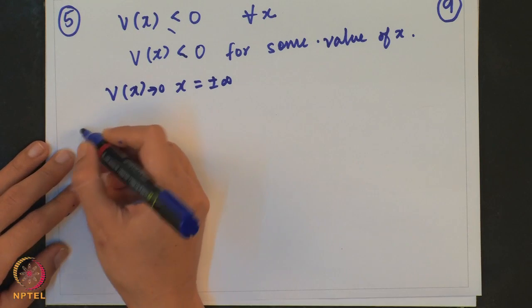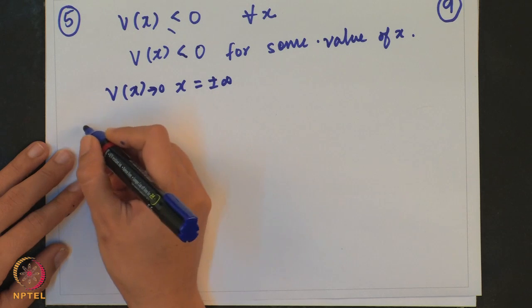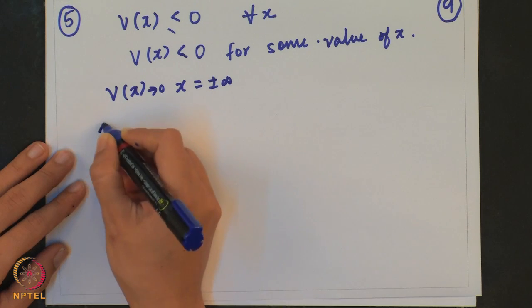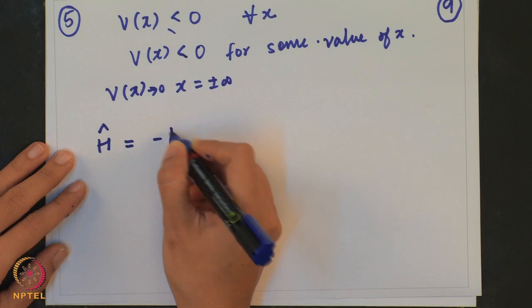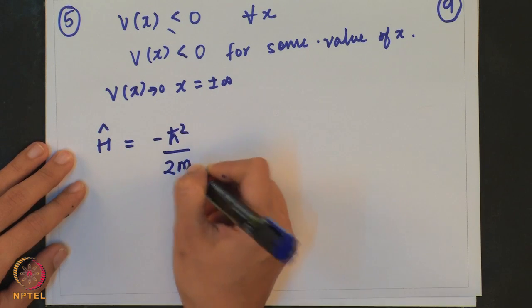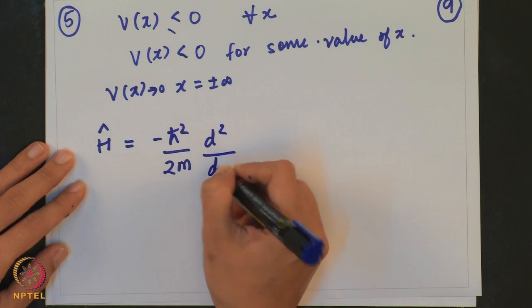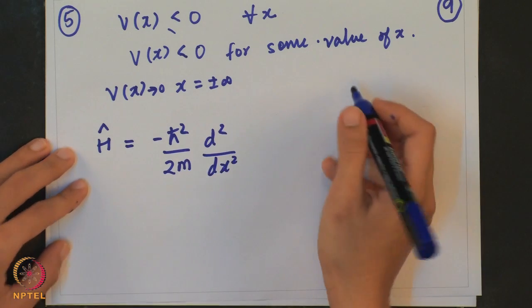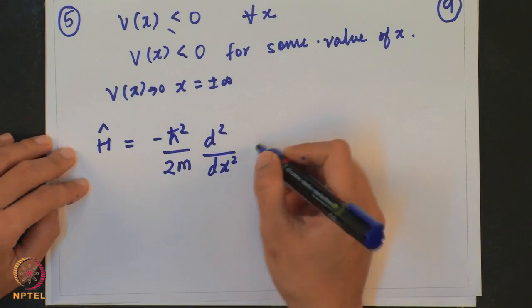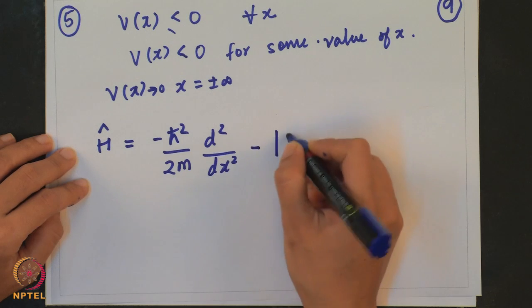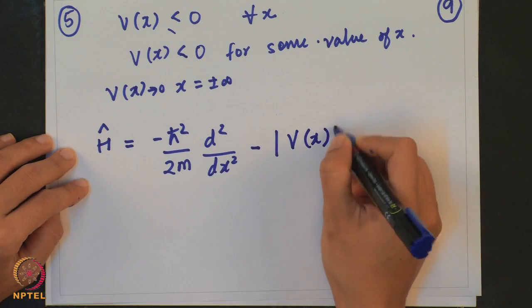So now let us write down the Hamiltonian operator. H is minus ħ² upon 2m d²/dx². Now, we are talking about the attractive potential, so let me put here mod of V(x).